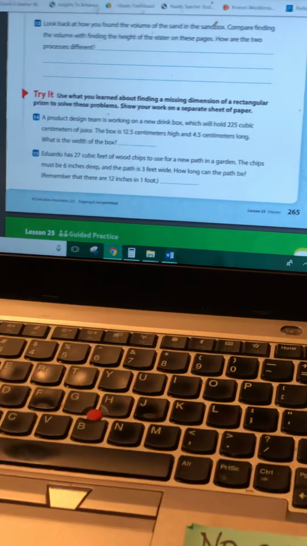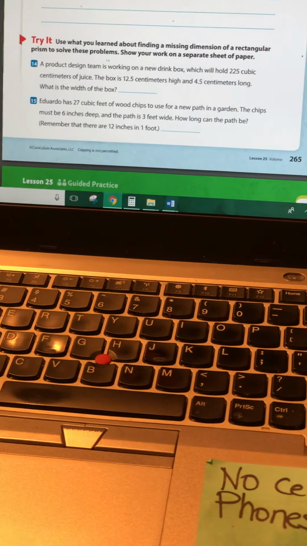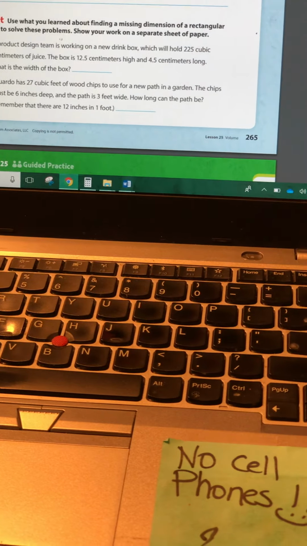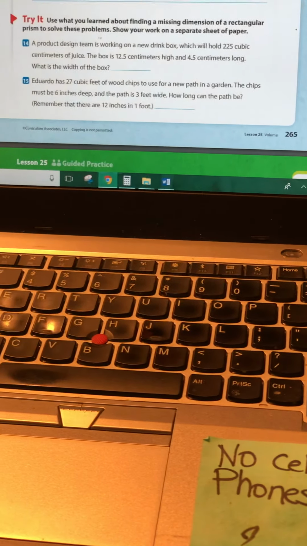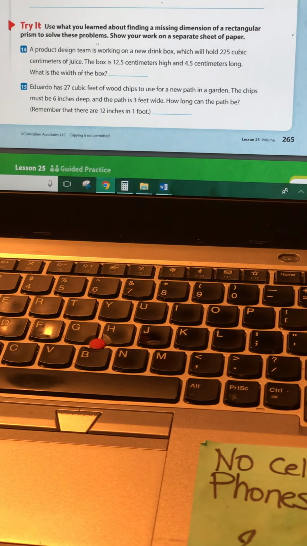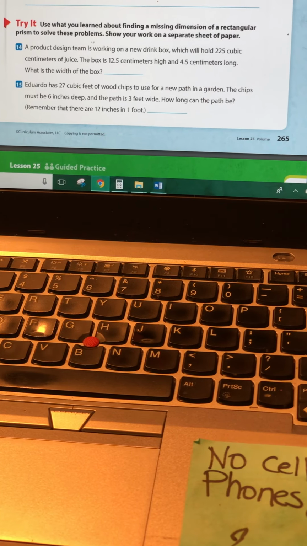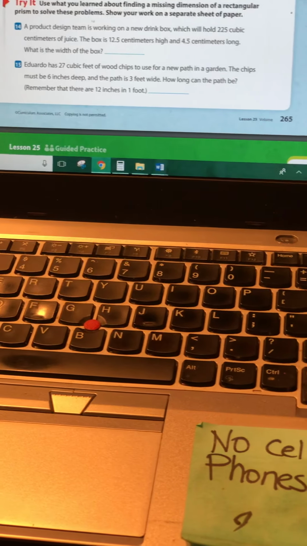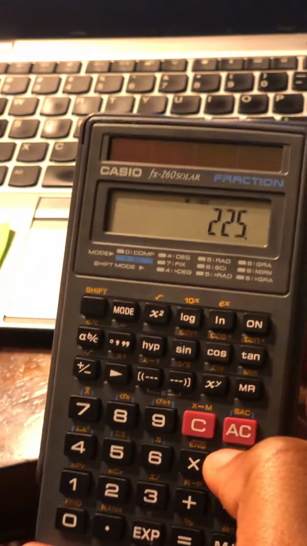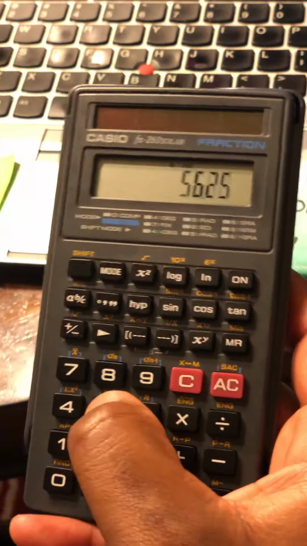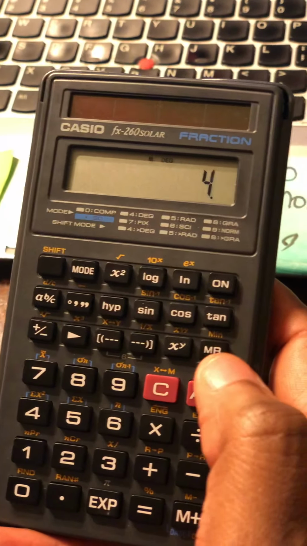Let me set that up for you. So now I'm going to take my calculator here. I'm going to do 225 divided by 56.25. And here we get 4.